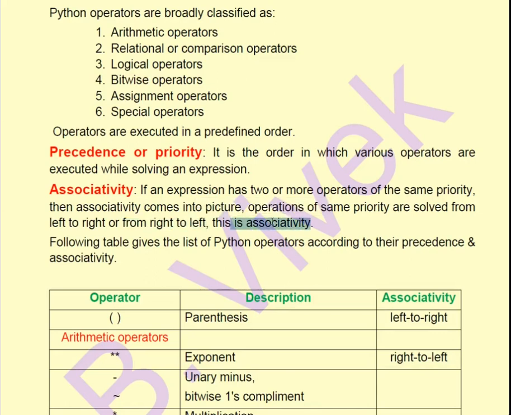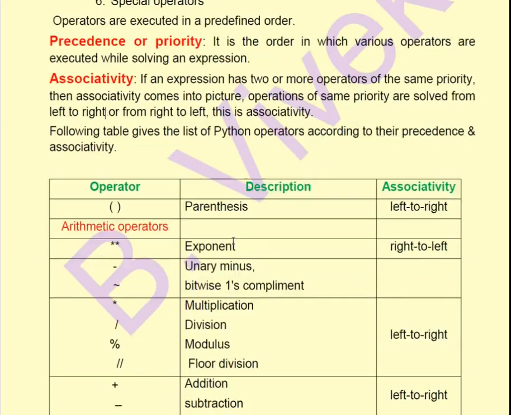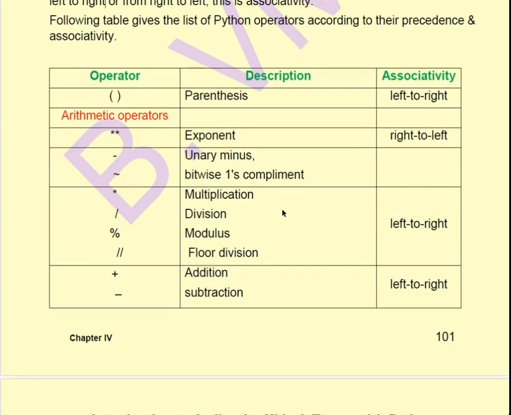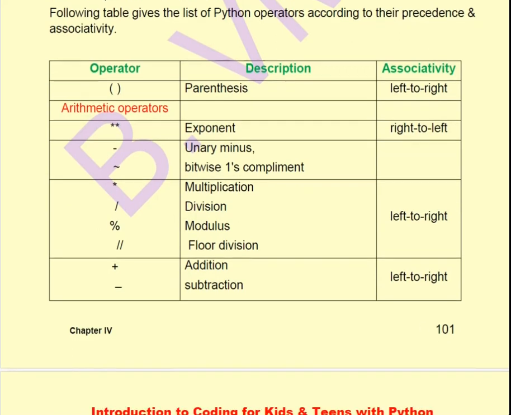This is associativity. For the majority of the operators, the associativity is from left to right. That is, whichever comes first is solved first. Now the following table gives the list of Python operators according to their precedence.